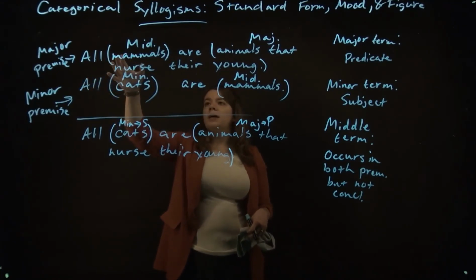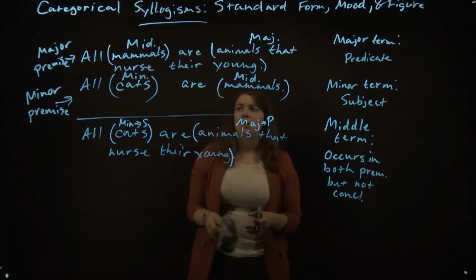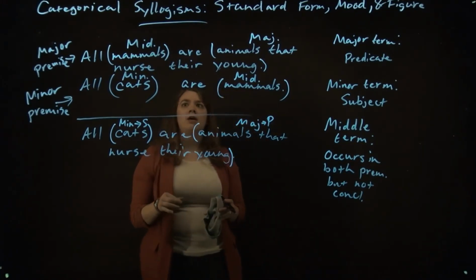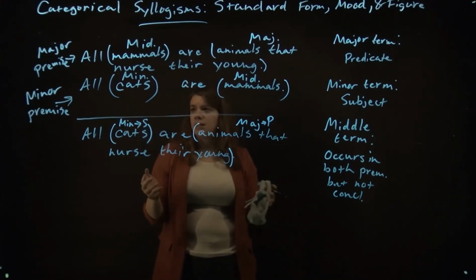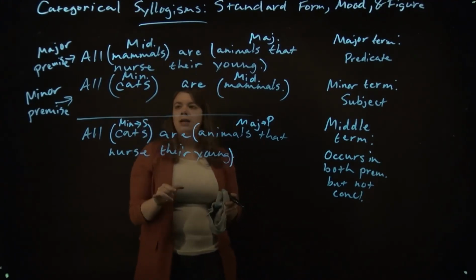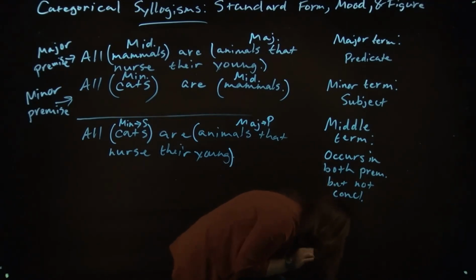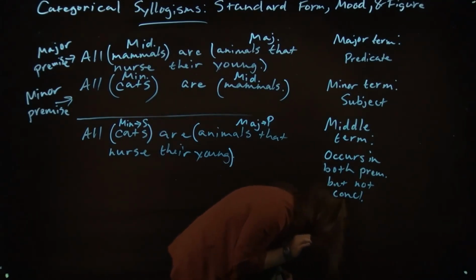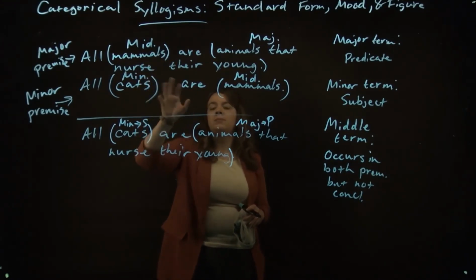The other thing to keep in mind is that every term needs to be used in the same way. There can't be some sort of difference in meaning. You can't go from all cats to saying somewhere else in the syllogism big cats or house cats. It has to be cats. You need to use the term in the same exact way throughout. The two occurrences of each of these terms need to be identical.